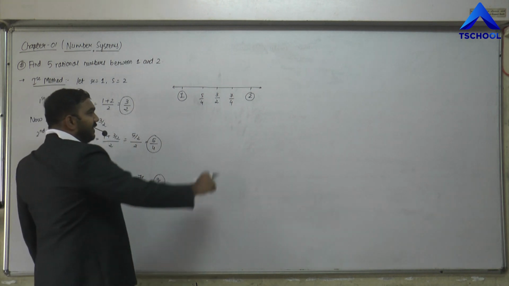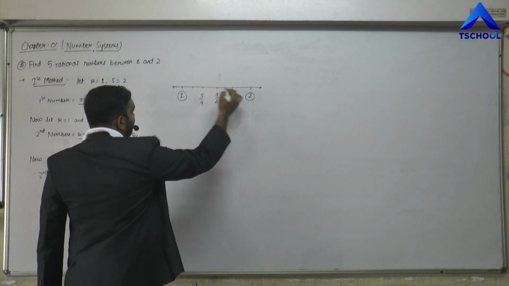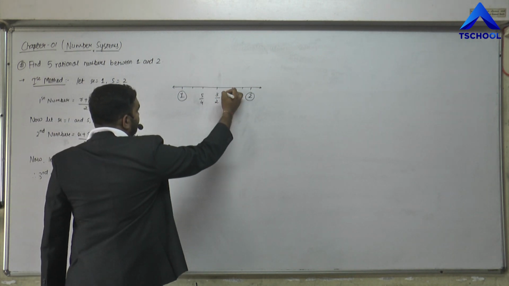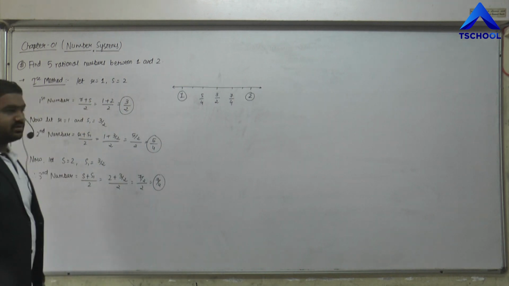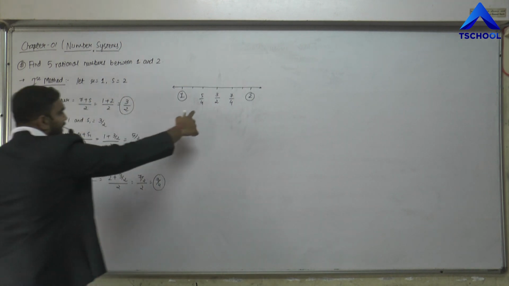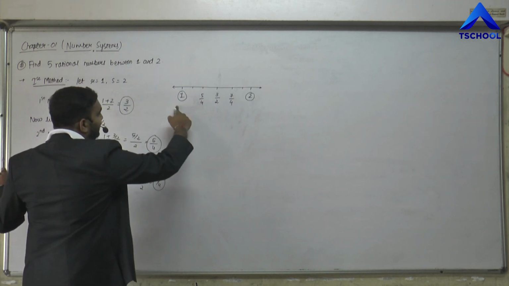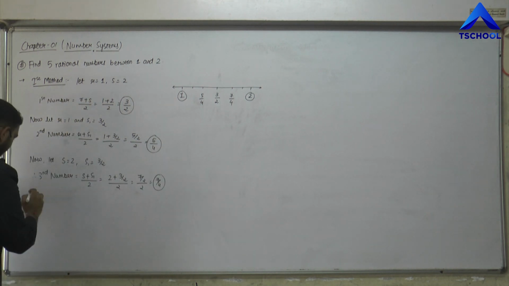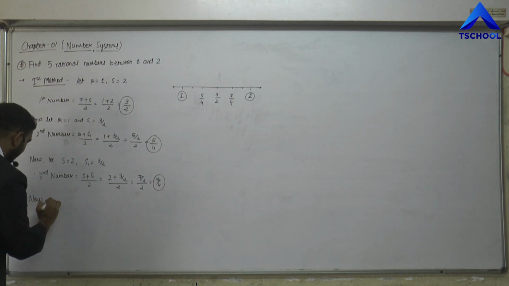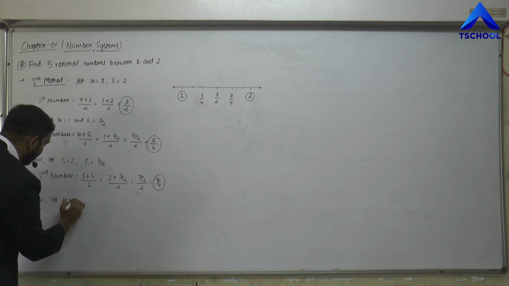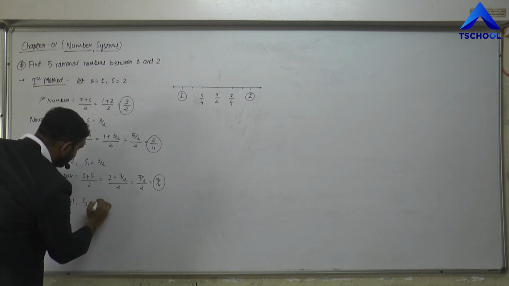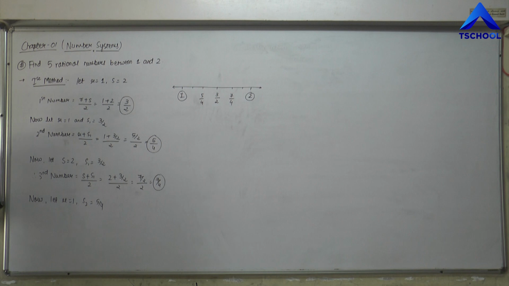Now see, friends, if I want to find the rest of the two numbers, I can find them here and here. I can also find them between these two rational numbers. Rather than finding between these two rational numbers, let me find it between 1 and 5 by 4. Now let r equals to 1 and s2 equals to 5 by 4.